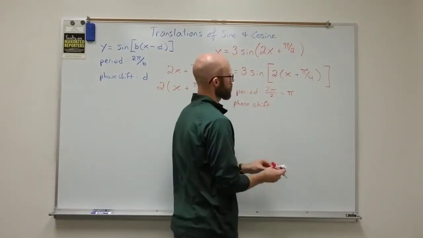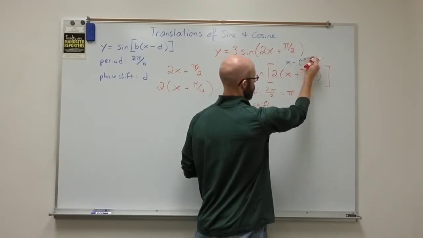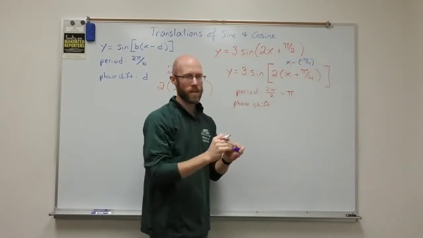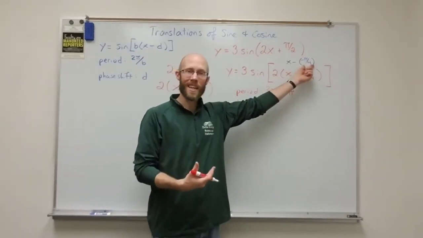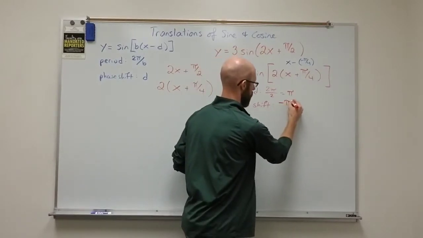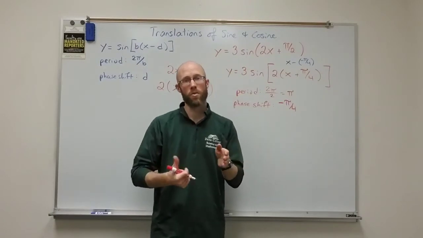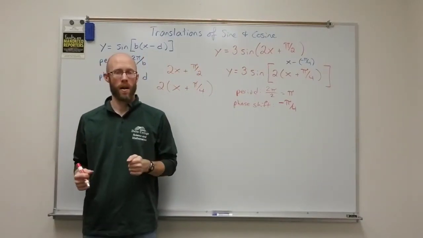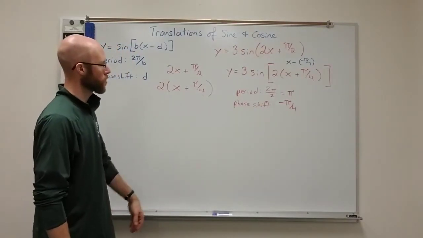So you could sort of think of this as x minus negative pi over 4, right? A double negative. And so what you're subtracting is actually negative pi over 4. That means our phase shift is not going to be to the right, it's actually going to be to the left, a value of pi over 4, okay?